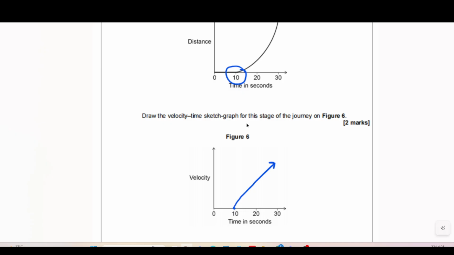Don't put arrow, just right. And from 0 to 10 it is constant, so make a line like this and then a straight line, because from 0 to 10 there is no distance covered.